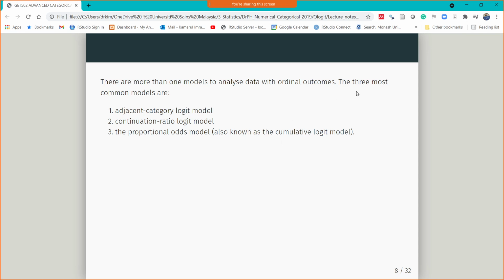Other models include the adjacent category logit model, the continuation ratio logit model, and the proportional odds model, which is also known as the cumulative logit model. So three models: adjacent category, continuation ratio, and proportional odds model. These models are explained in detail in Hosmer-Lemeshow Applied Logistic Regression, so if you have time, go back and read.